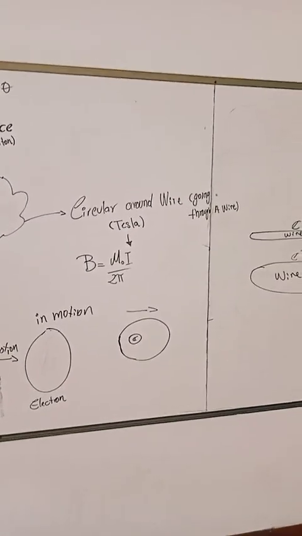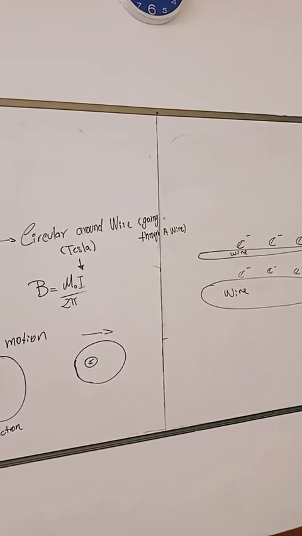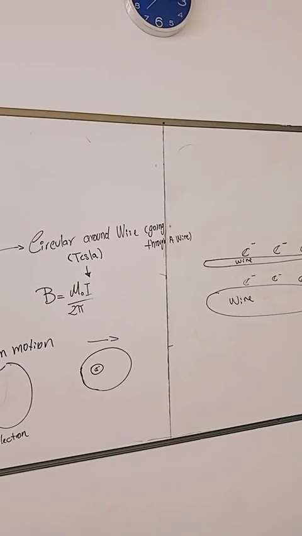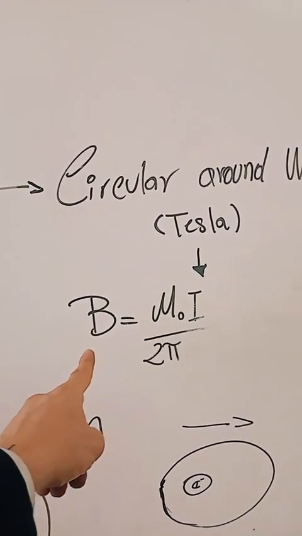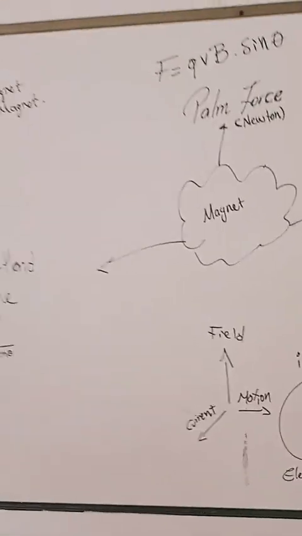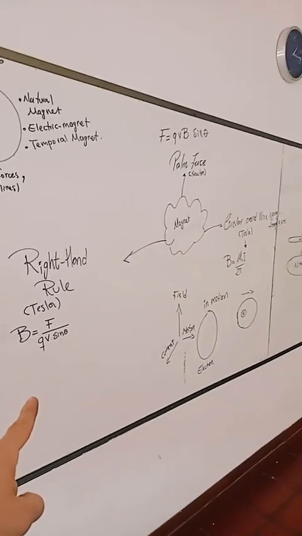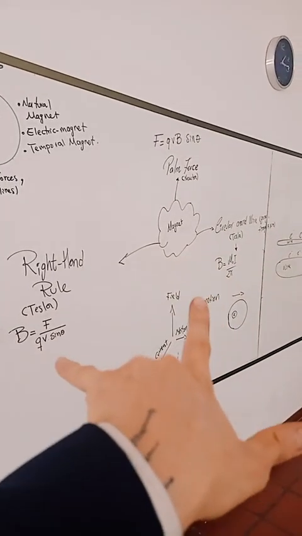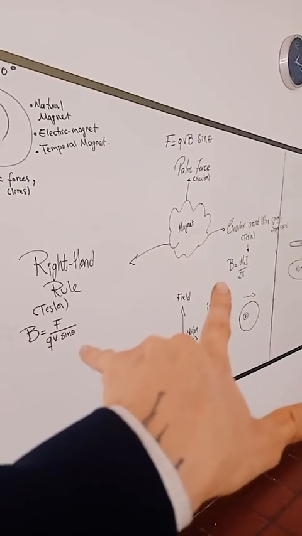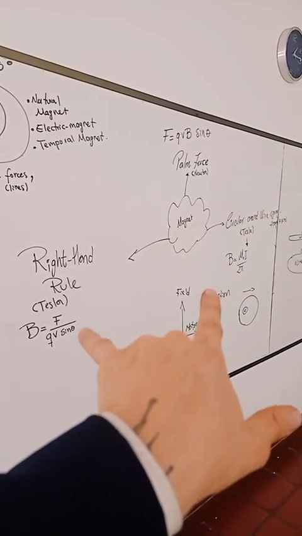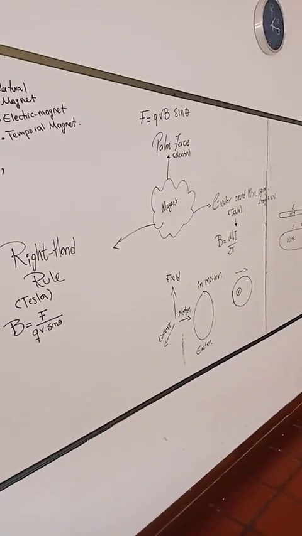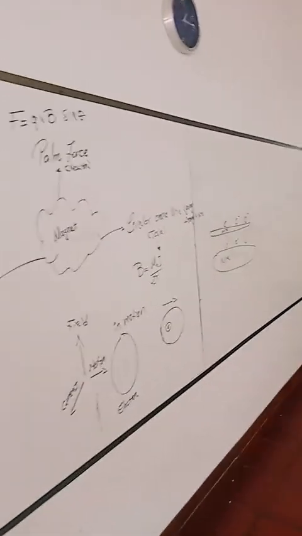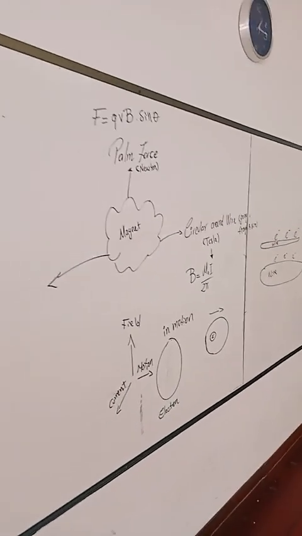That an electron flowing through a wire will also produce a magnetic field, right? Now we have to know the two equations that we use to find the magnetic field. This one and this one, okay? That's all. You don't have to know anything apart from this.